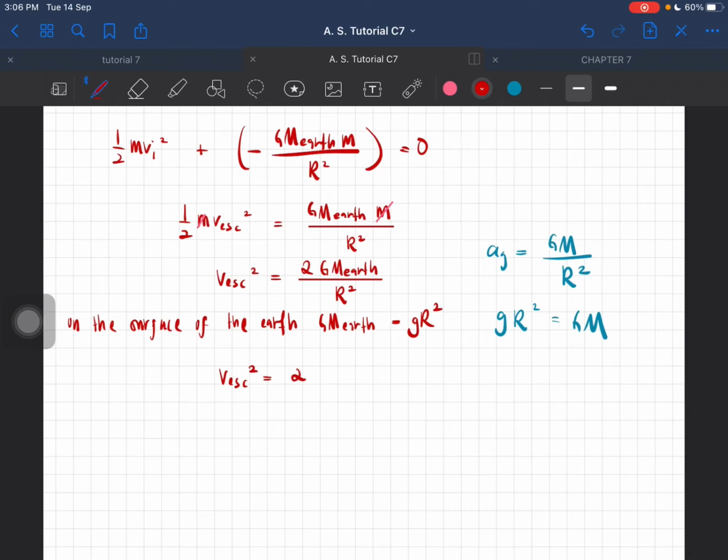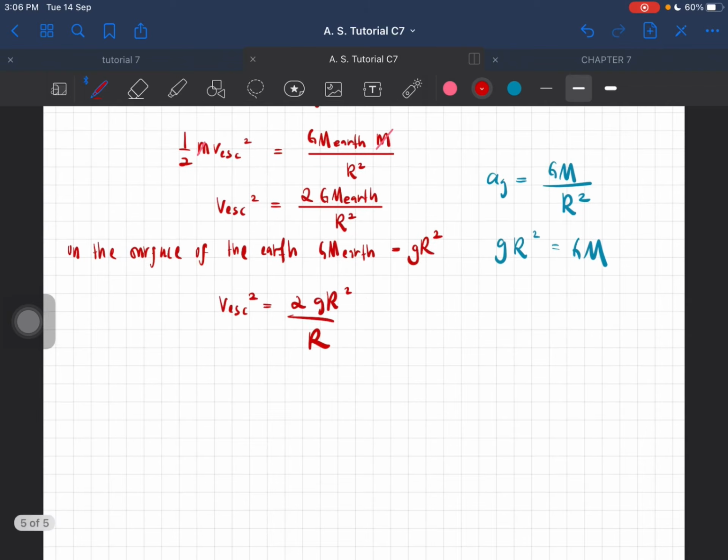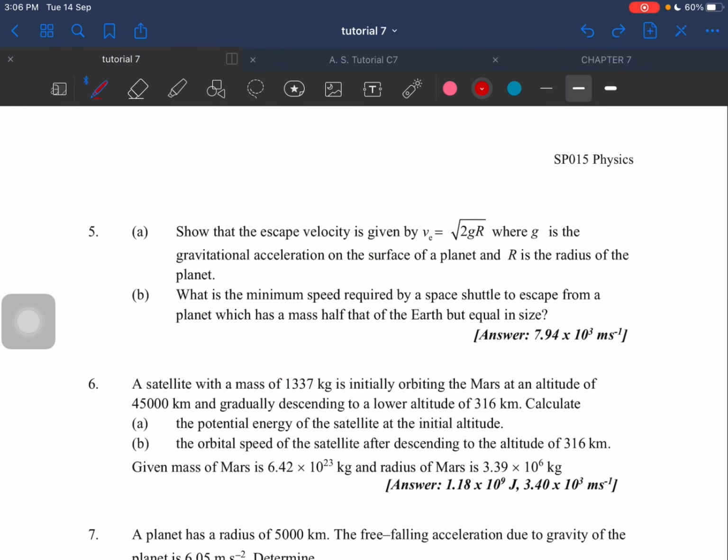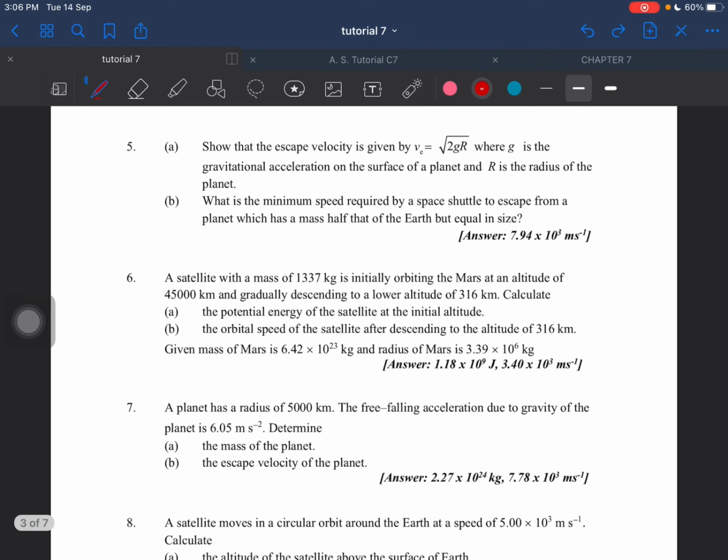So 2GM Earth is gR square over R. So this can cancel one R, and we are left with V escape equal to the square root of 2gR. Okay, so this is shown. That is the question, show. So that is how you derive the escape velocity.